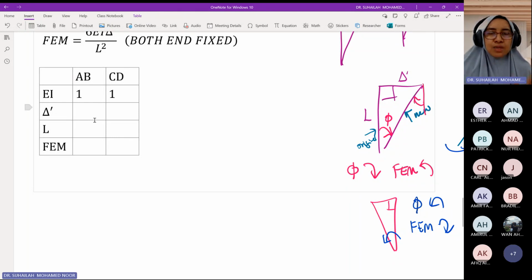Delta for a straight column is the same, a column whose two legs are vertical, upright. So delta prime we assume the same, similar. L for AB is 9. L for CD is 5.